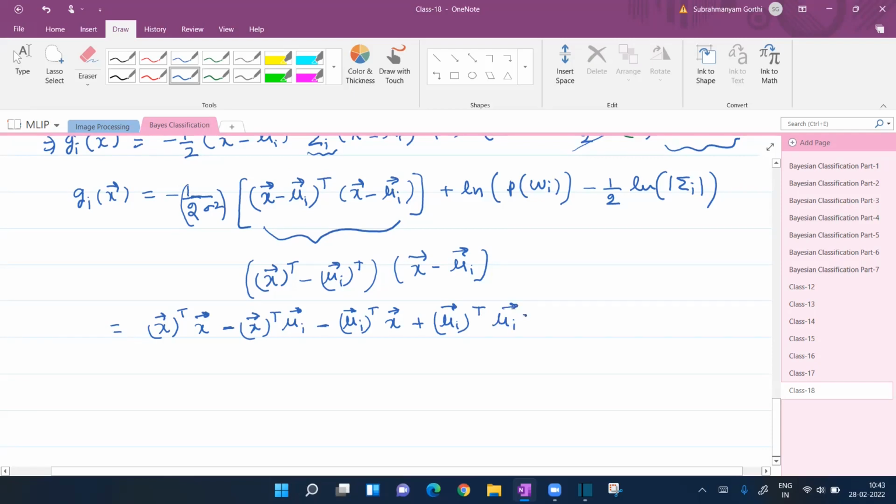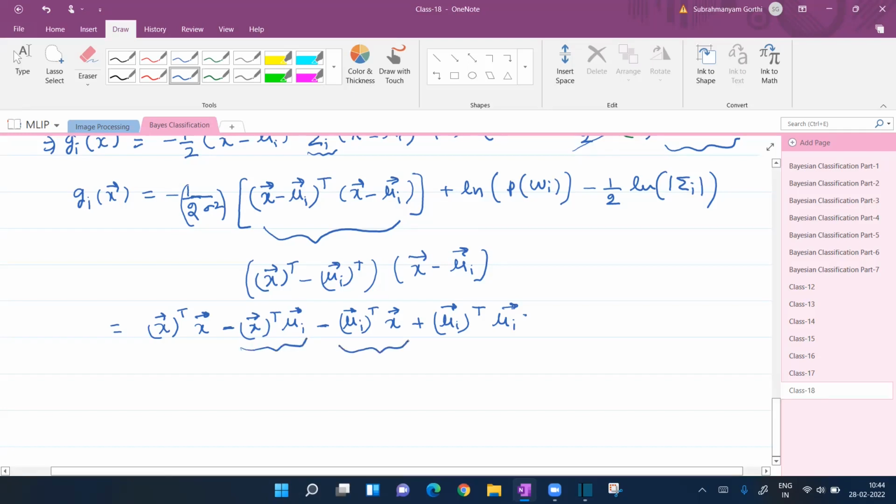Hope you all agree with and are clear with the way I have just written the multiplication that is there in that square bracket.